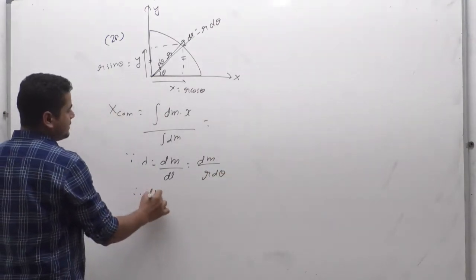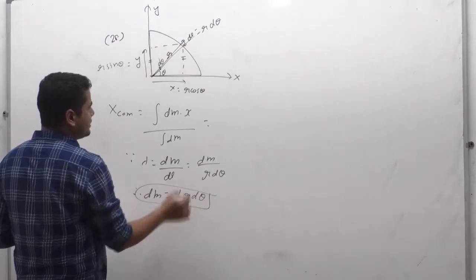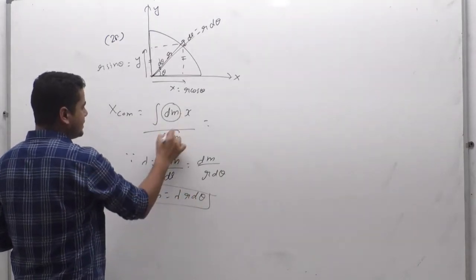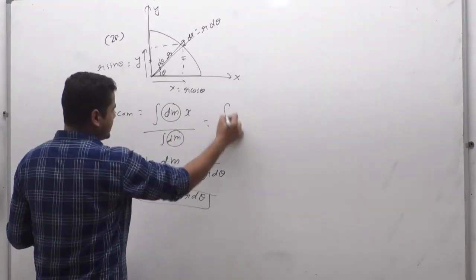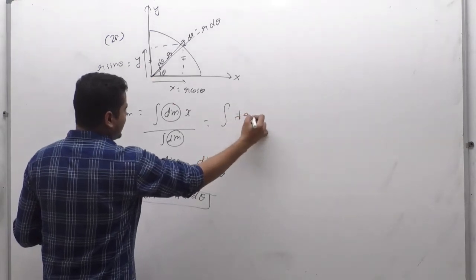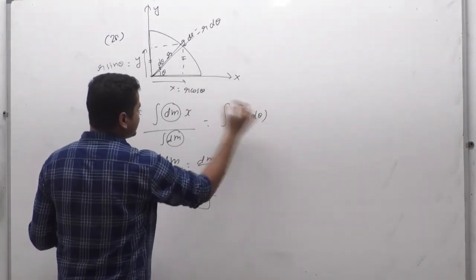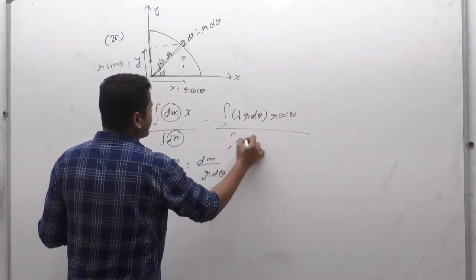So dm will be equal to lambda r d theta. Then the x coordinate is the integration of lambda r d theta into r cos theta divided by lambda r d theta.